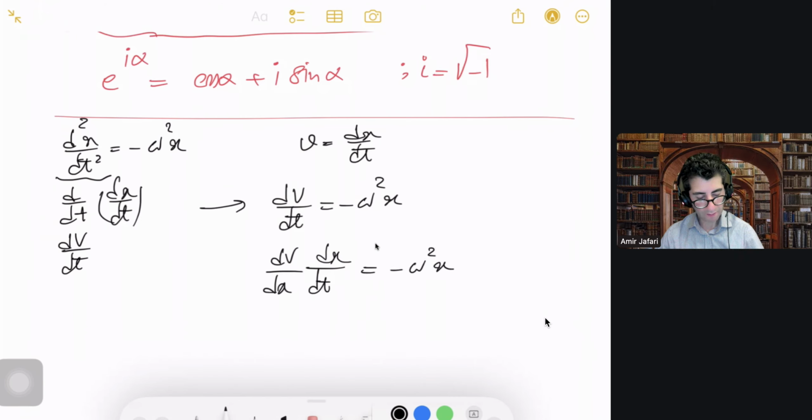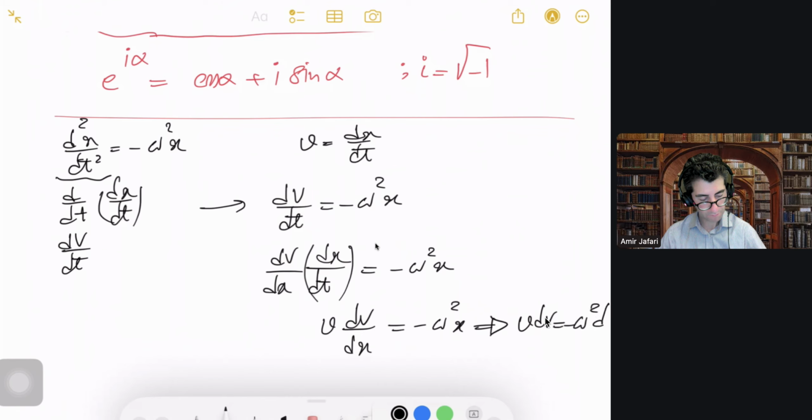What you get is dx over dt now is v, and this is dv over dx, and you can rearrange it to write it this way: v dv equals minus omega squared x dx. Okay, this is what you get.